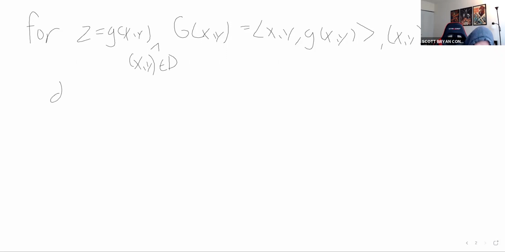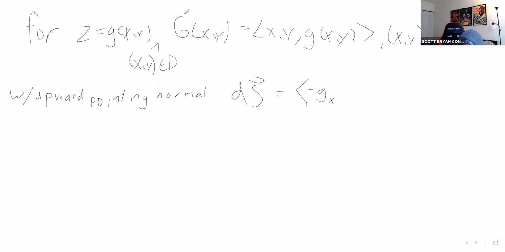So in that case, if we want the upward pointing normal, then d vector S, so the normal n of x, y, is going to be negative g sub x, negative g sub y, 1.